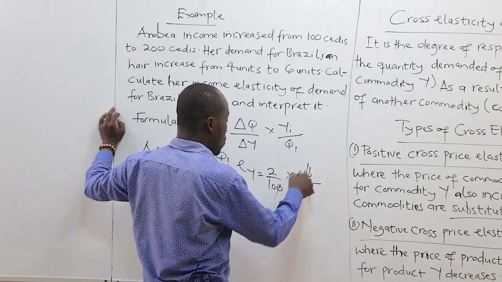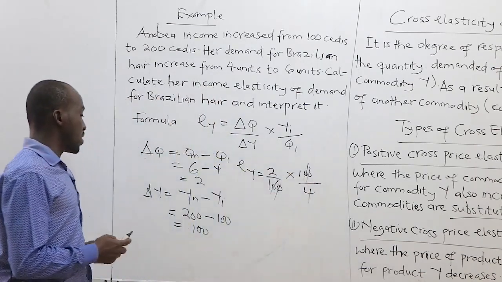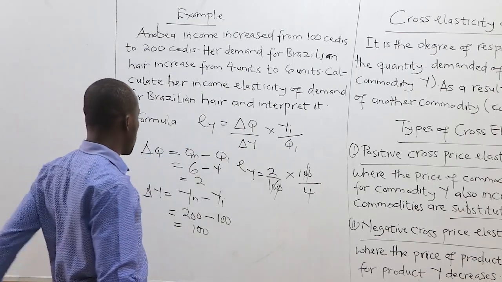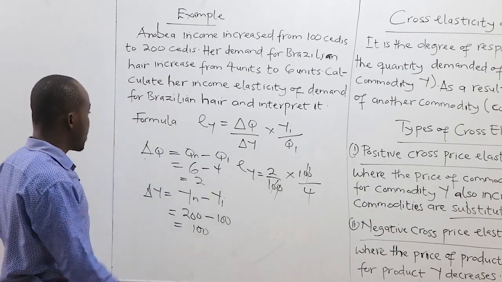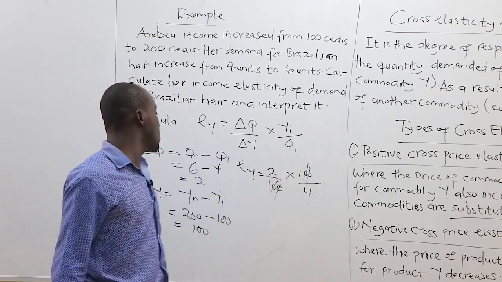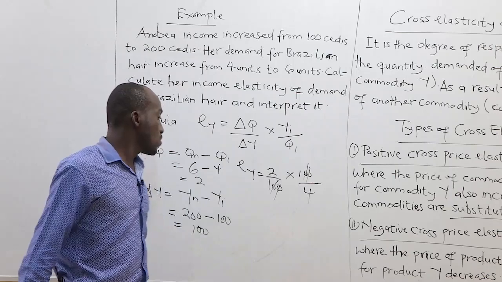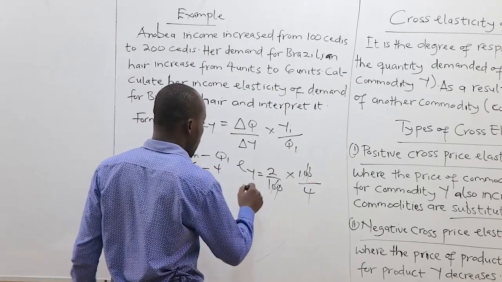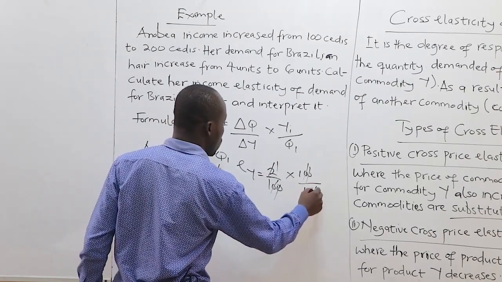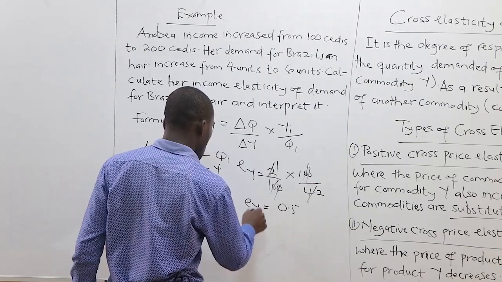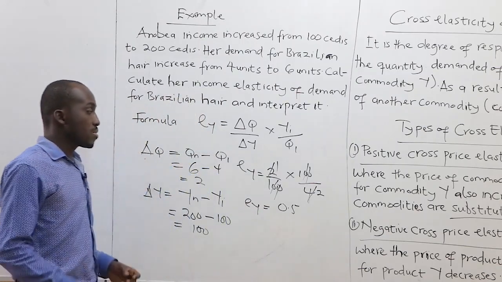The 100 cancels 100. So what do you have? You have 2 over 4. 1 will go here, 1 will go here, 2. That's equal to 0.5.